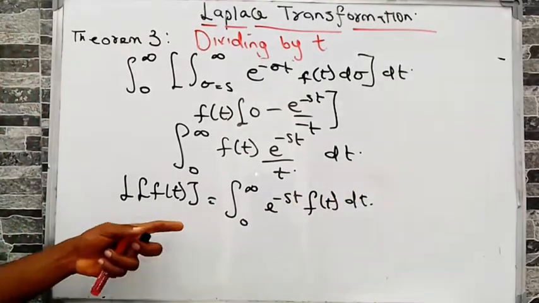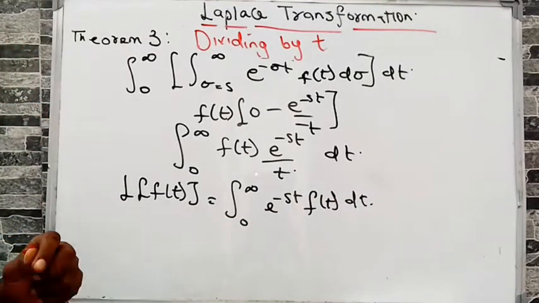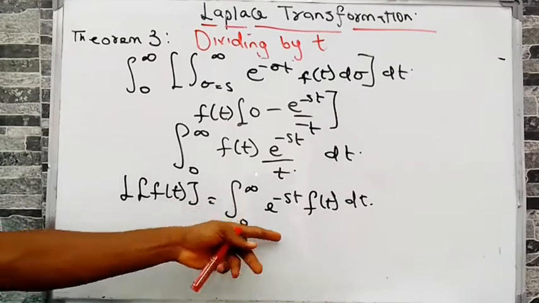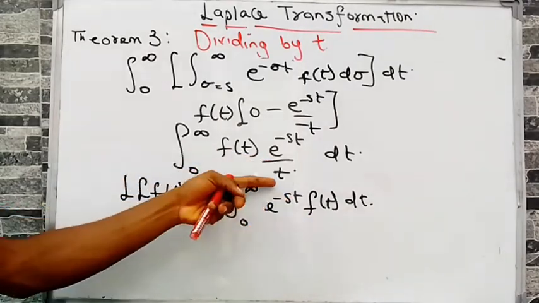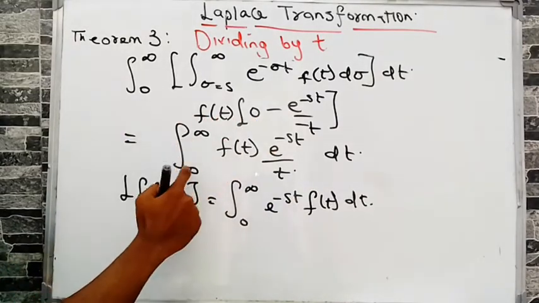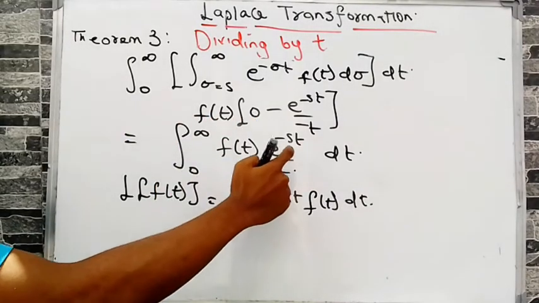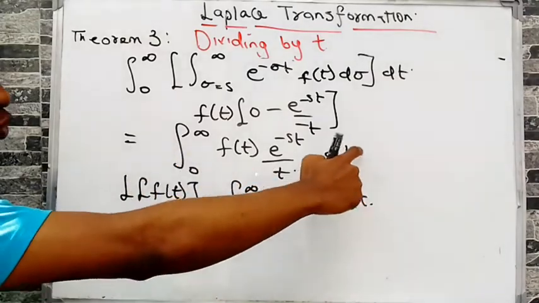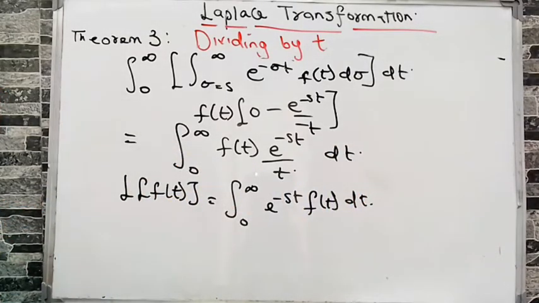This is our general expression for Laplace transformation. So having this, because we can actually see this in this, then divided by t, this means the integral from 0 to infinity of function of t exponential minus st dt, we can substitute as the Laplace of the function of t.